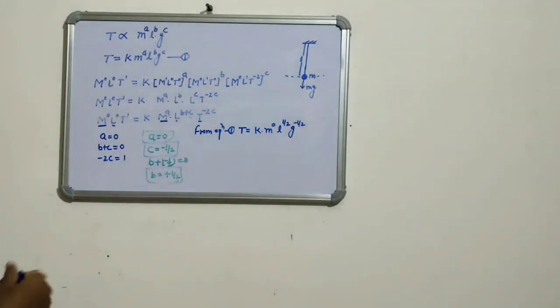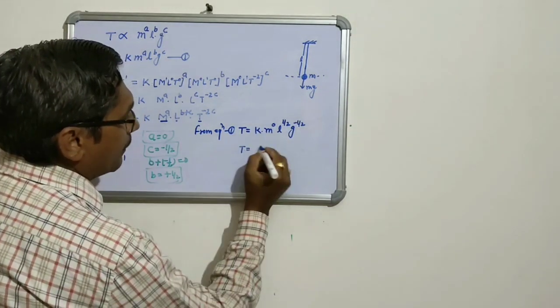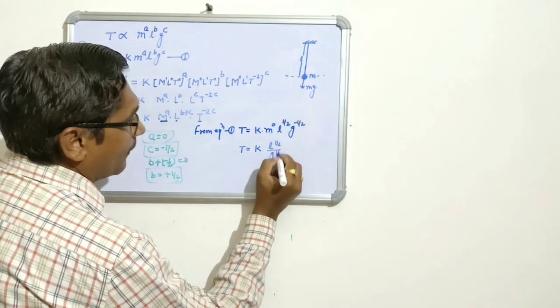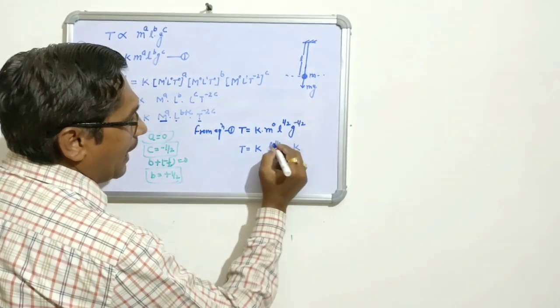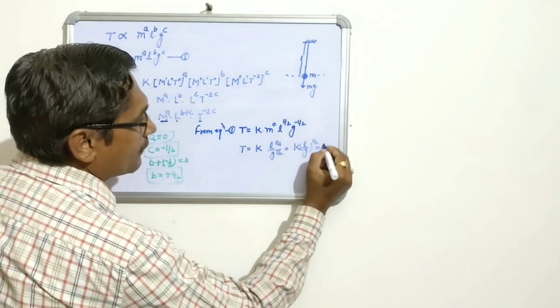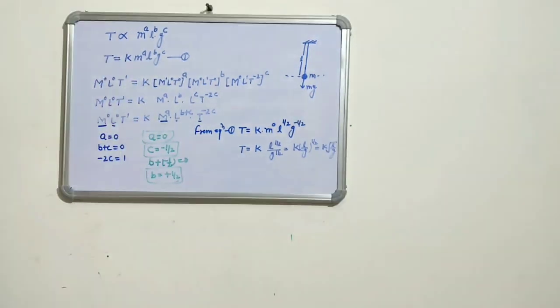This can be written as T equals k L^(1/2) g^(-1/2). Okay, now this equals k times (L by g) to the whole power half. This equals k under root L by g.